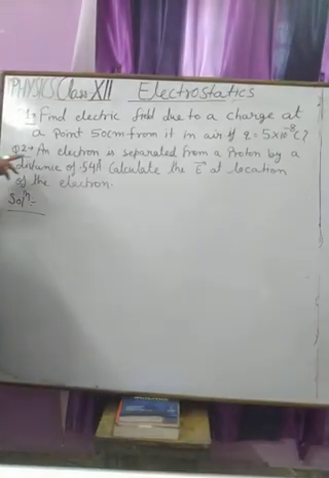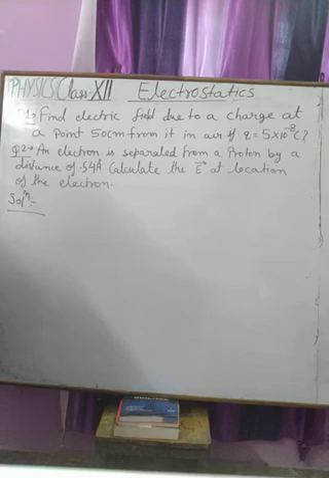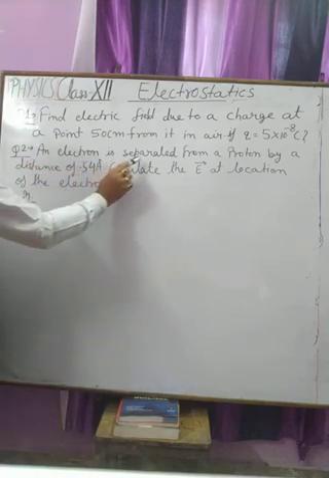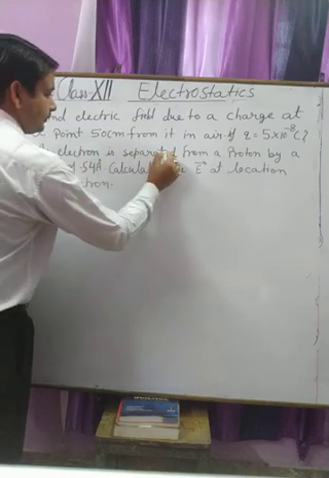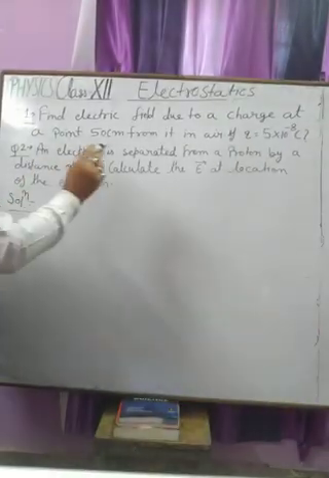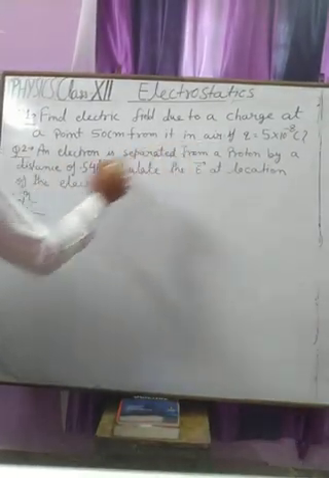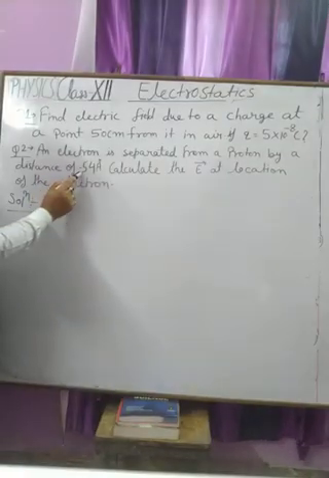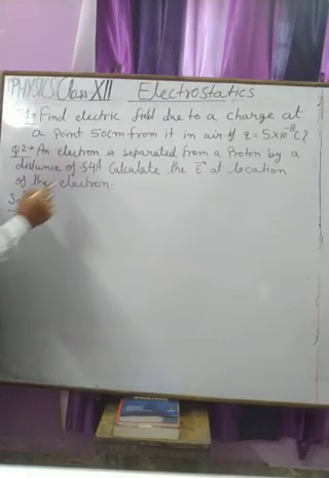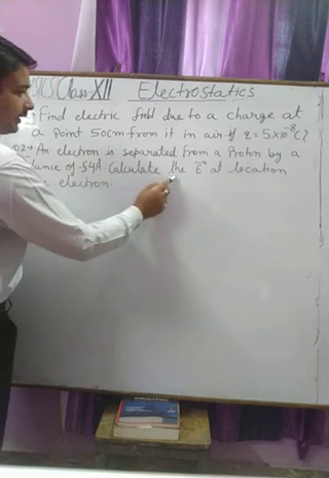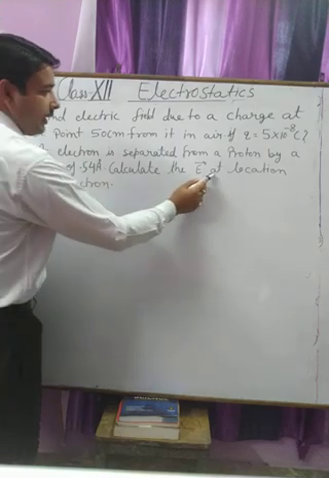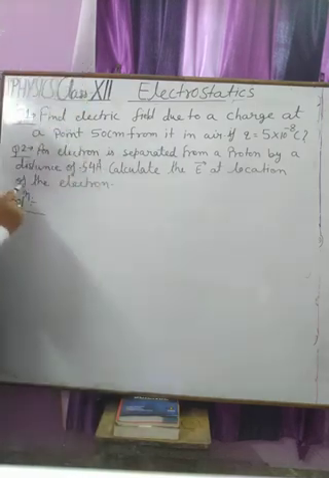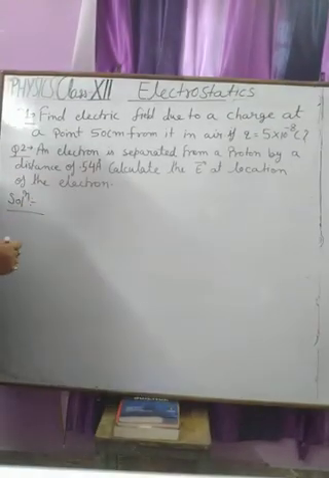this problem, which is the second problem, that is: an electron is separated from a proton by a distance of 0.54 angstrom. Calculate the electric field at the location of the electron.